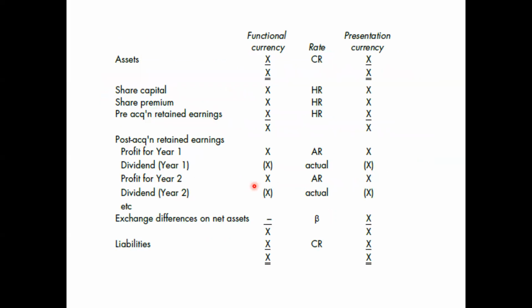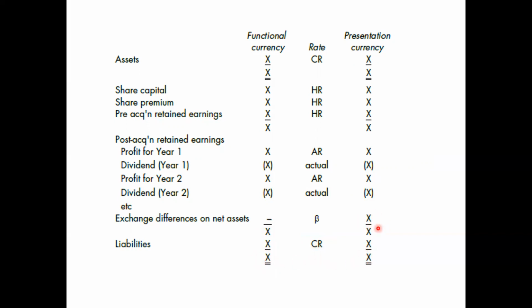The way they show it, to make it simple for us, is they have a specific structure in mind. We'll take all my assets, multiply by my closing rate, capital and share premium at the historical rate. I have all my other profits and dividends at specific rates. I will get my liabilities at the closing rate, and then to get to this balance, multiply by my closing rate.